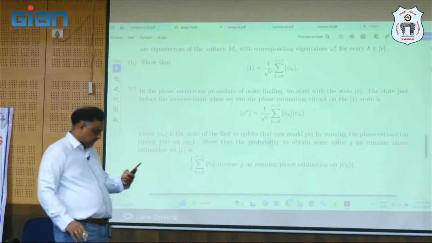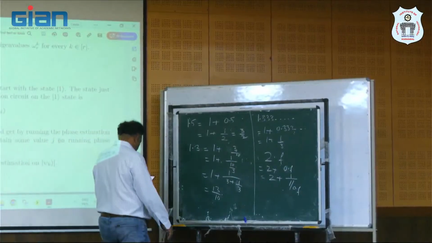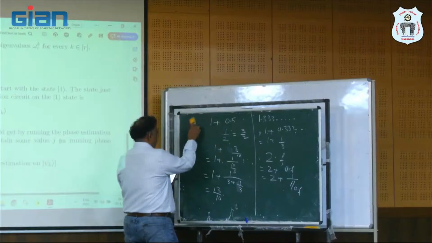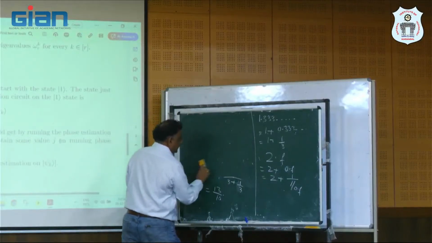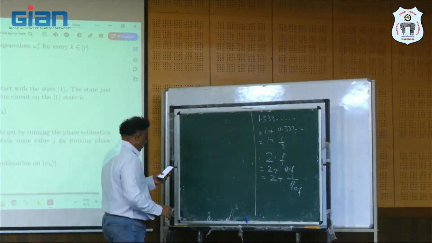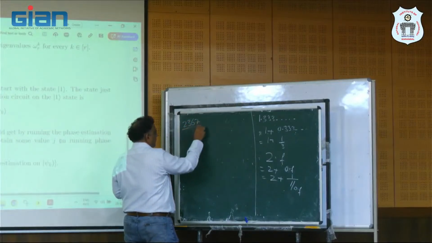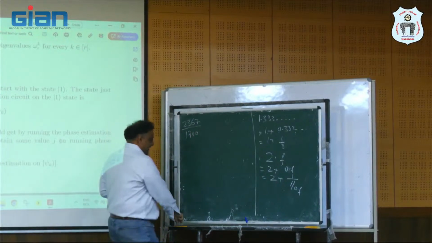Okay, let me try to write this: 2367 divided by 1700.